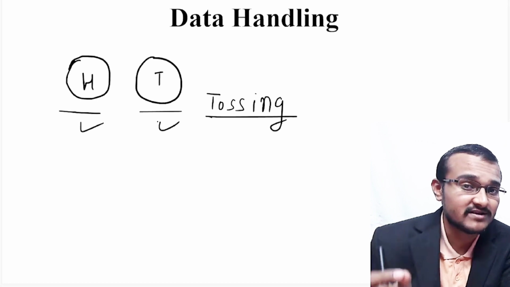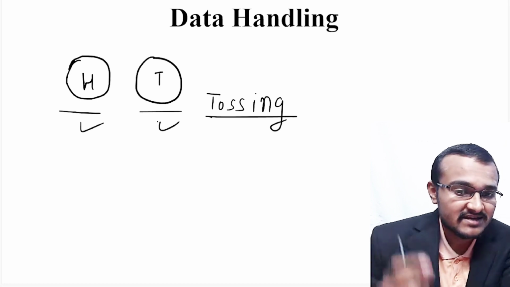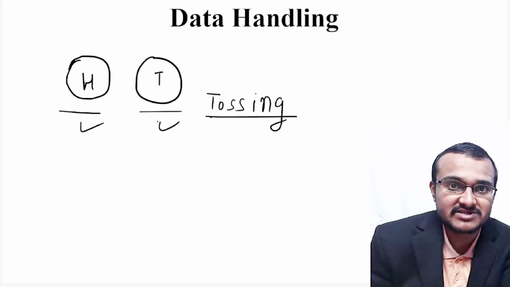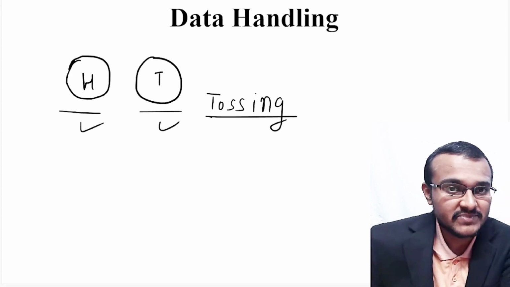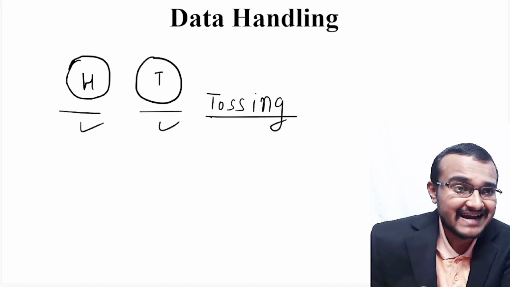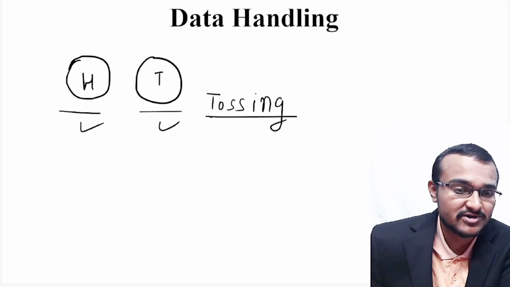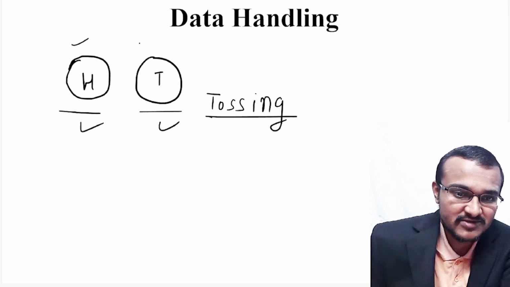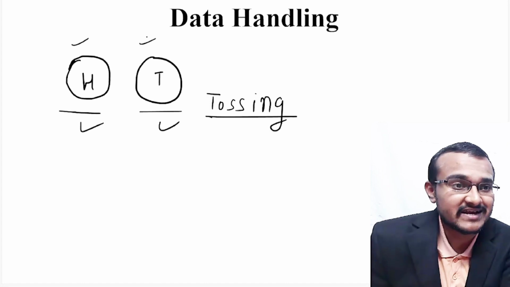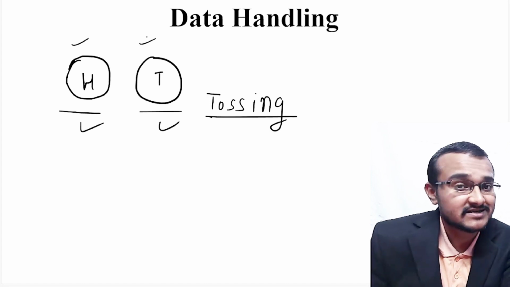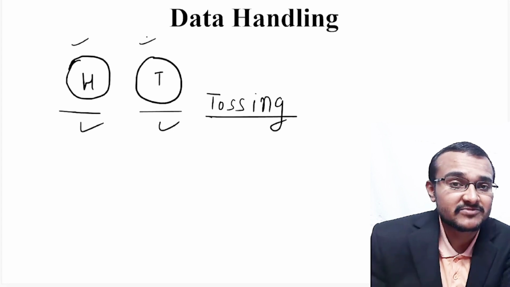Either one you will get. That means the probability of getting either one is 100%, because either head should fall or tail should fall. We are not talking about head or tail specifically, we are just saying either one will be there in the result. So here probability becomes 100%.